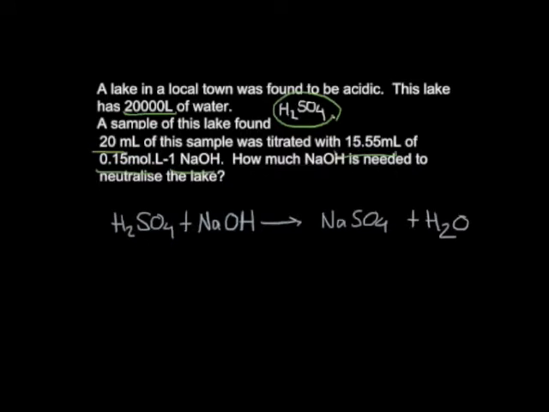So because we had 2 hydrogens to the sulfate, we also need 2 hydroxides to the sulfate, which means that we need 2 sodium hydroxides. So 2 sodium hydroxides. And to finish balancing that out, we need to end up with an extra water, so we need 2 water.